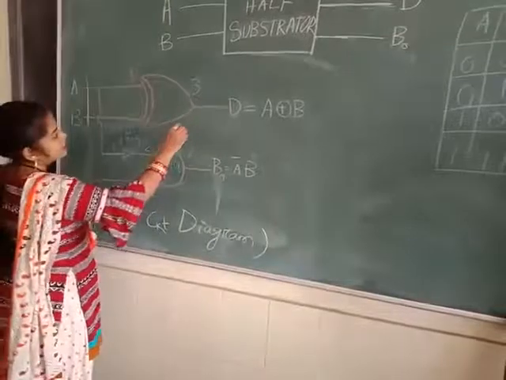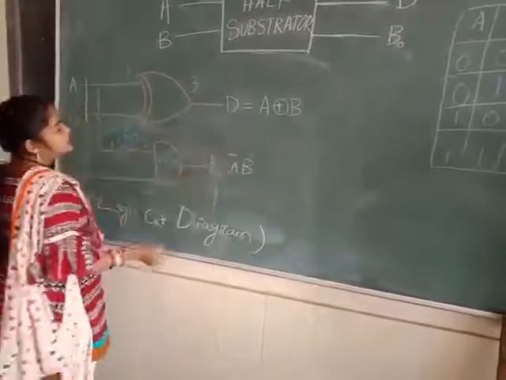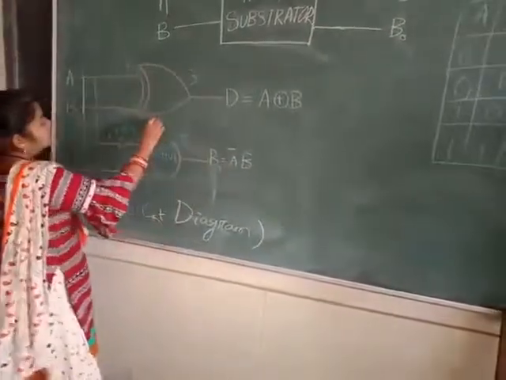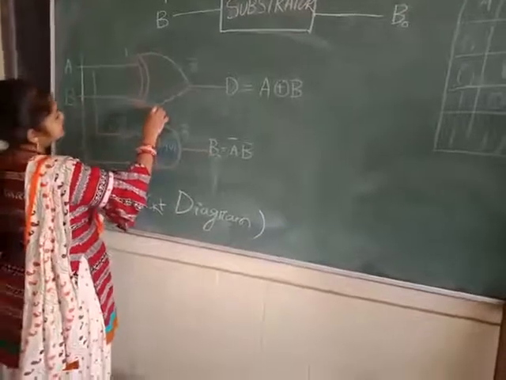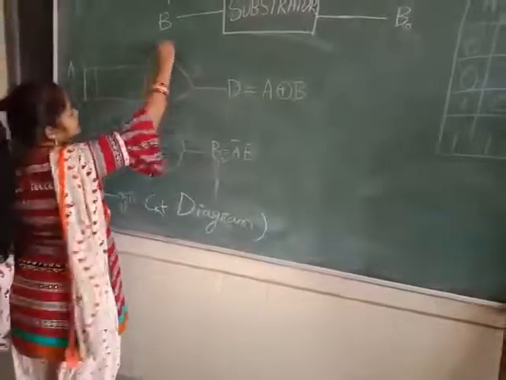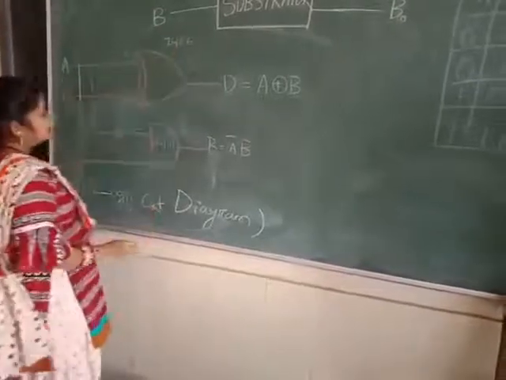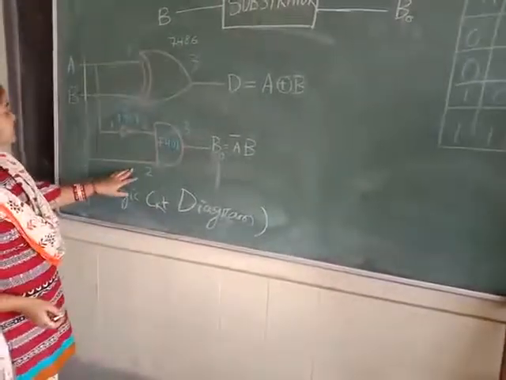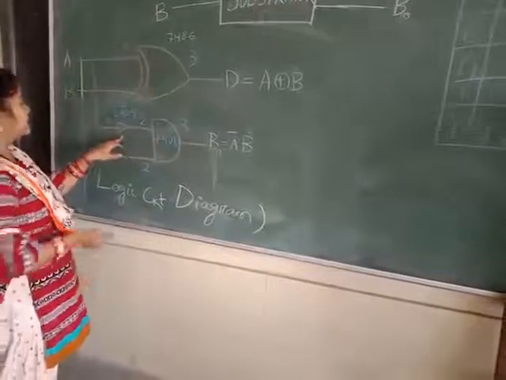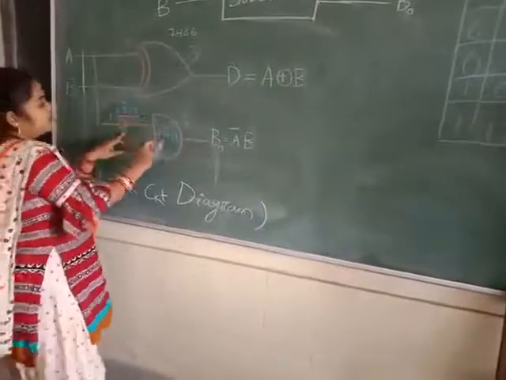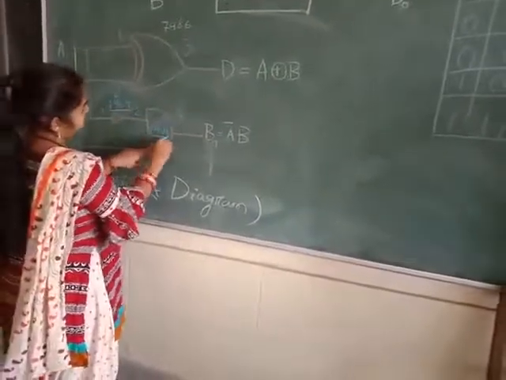Here for differentiation, we take an XOR IC, which is 7486, a NOT gate IC 7404, and an AND gate IC 7408.